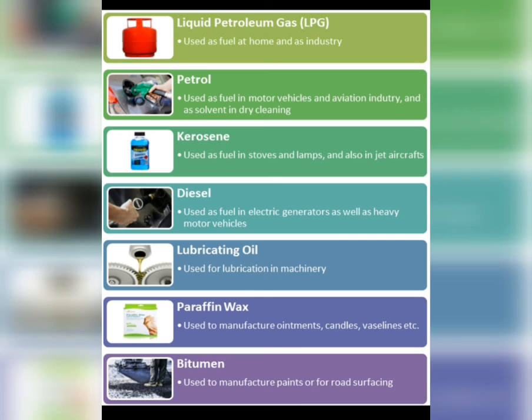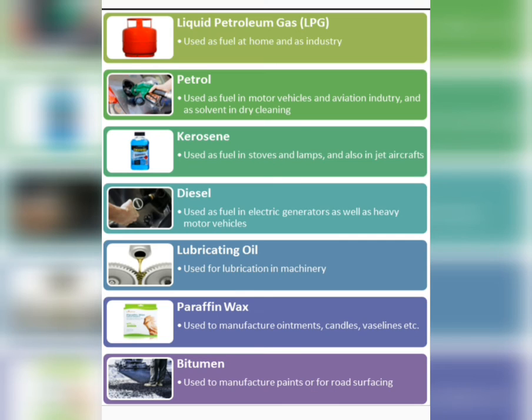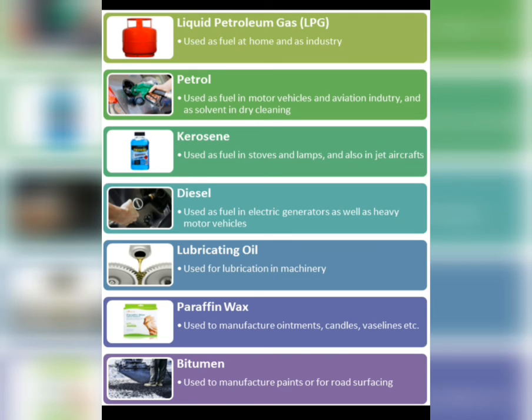And the most common fuel that is used in homes is liquefied petroleum gas, LPG, right? This LPG is actually the petroleum gas which is obtained from petroleum, and when it's liquefied under pressure, it is used in cylinders. Cylinders are filled with it.